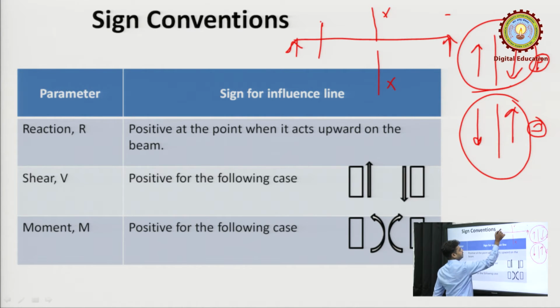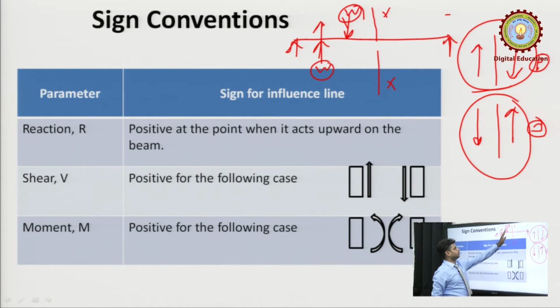Two loads, W and W, are acting here. One force is upward and one force is downward, but the section we are taking is on the left side of the beam. In both cases the shear force will be positive.